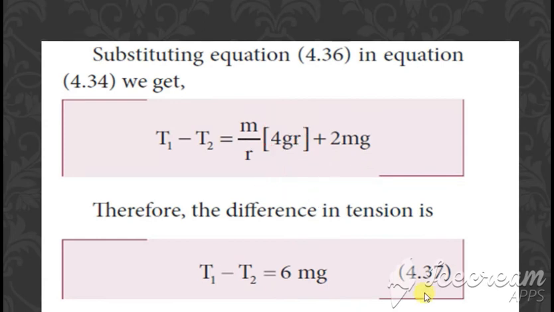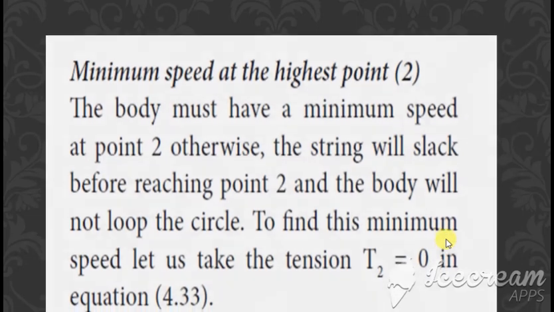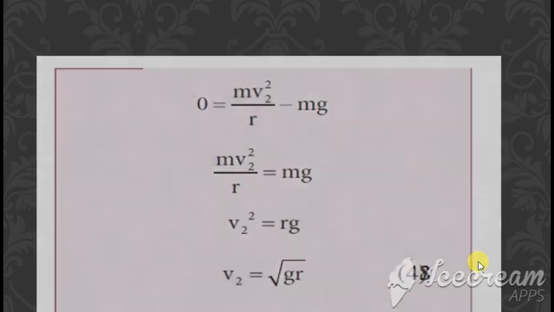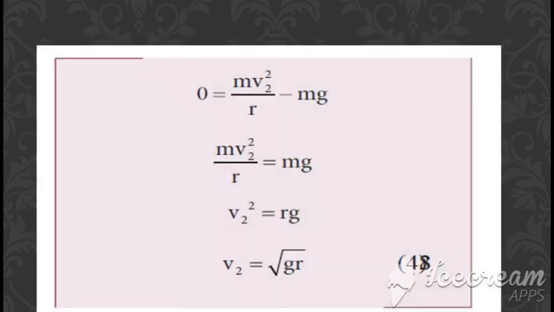Next, we have to find the values of v1 and v2 separately. For this, consider the highest point. Whenever you consider the highest point, the tension will be equal to 0. So we are considering T2 to be equal to 0, and we take the equation we saw already for T2, which is T2 equal to half m v2 square by r minus mg.